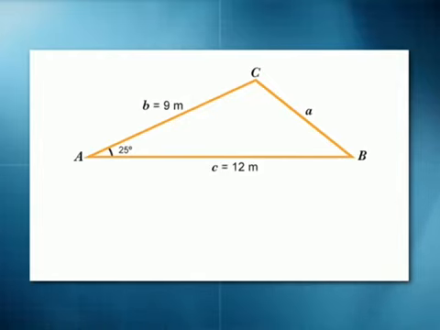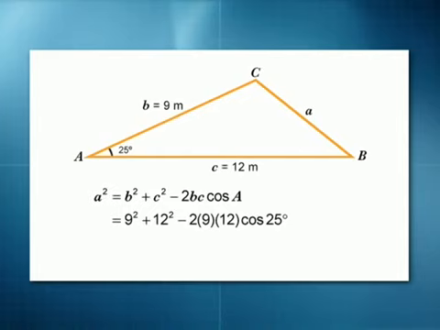Well, the first thing we could figure out is the side opposite angle A, and this is a perfect setup for the law of cosines. Here it goes. The law of cosines says that a squared, that missing side, is b squared plus c squared minus 2bc cosine A. Plug in the numbers: 9 squared plus 12 squared minus 2 times 9 times 12 cosine of 25 degrees.